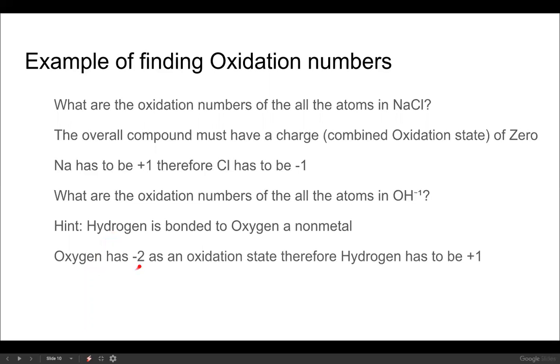Oxygen has a -2 oxidation state on the periodic table, and therefore hydrogen has to have the positive oxidation state. And we get OH with -1. It's okay that we have the -1 up there because we determined that hydroxide ions are going to have that charge. So in the end, the oxidation state for oxygen is -2, hydrogen is +1, and the net oxidation state of the compound will be -1.